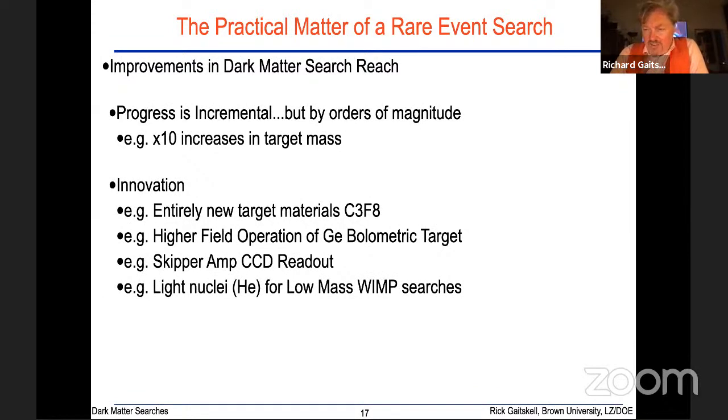We're also seeing a lot of interest, which has converted into experimental work now, for instance, in using light nuclei, again targeted more towards MeV rather than GeV dark matter, or WIMP-style searches.